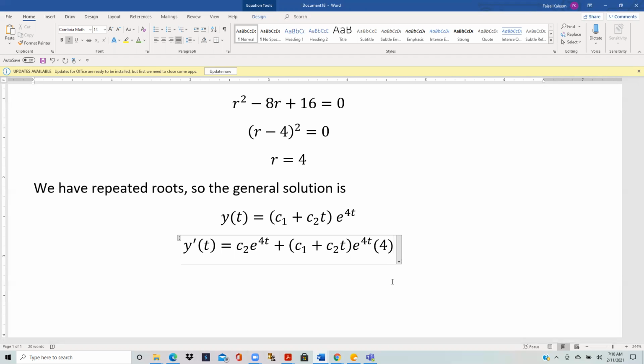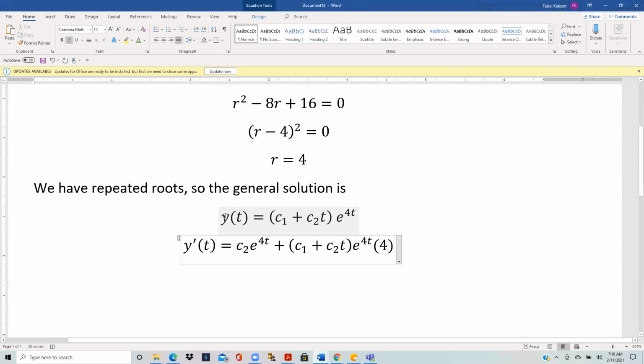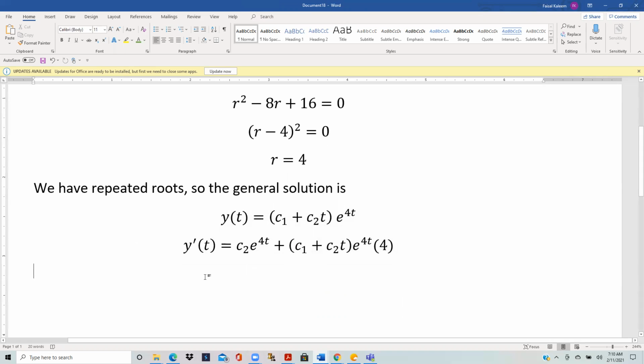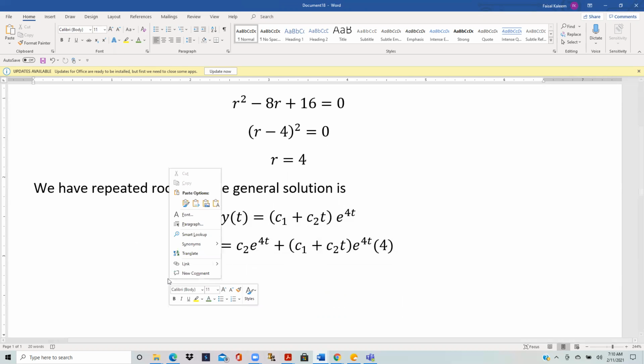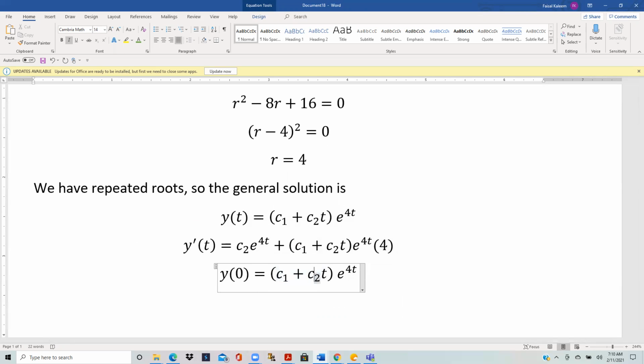Okay, so now we use the conditions. y of 0 is equal to 4. So let's use that. y of 0 is equal to C1 plus C2 times 0, so this one will become 0, and e to the 4t will become e to the 0, which is 1.